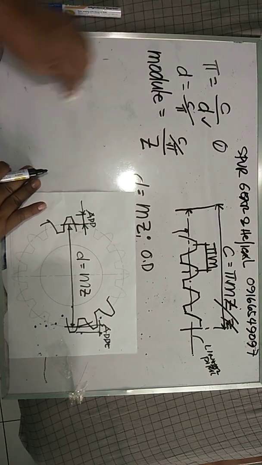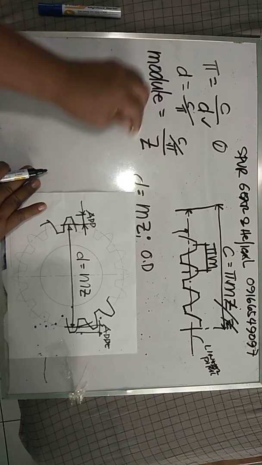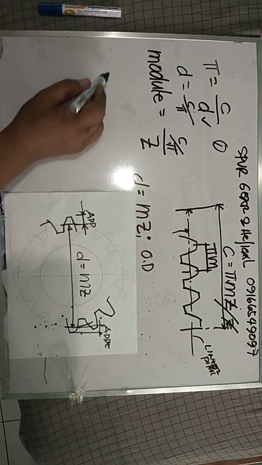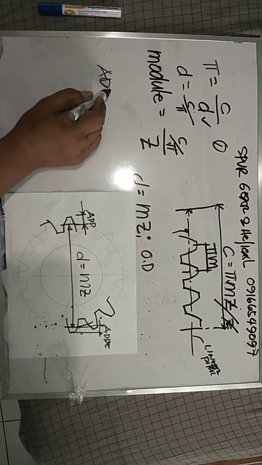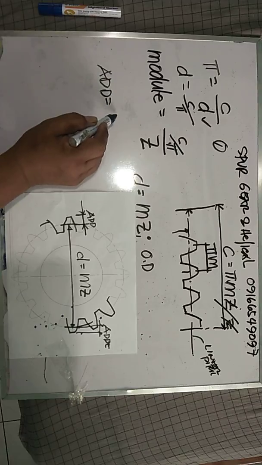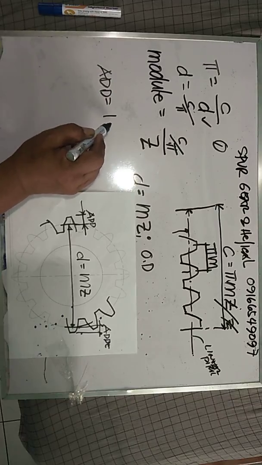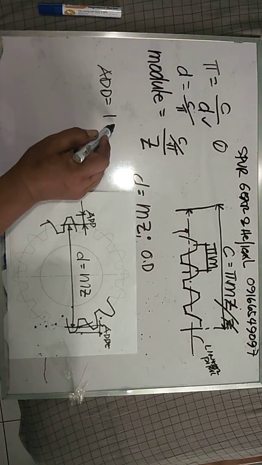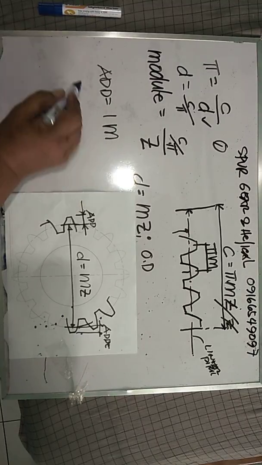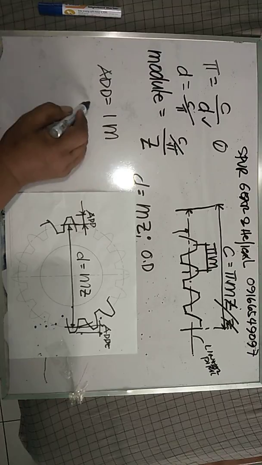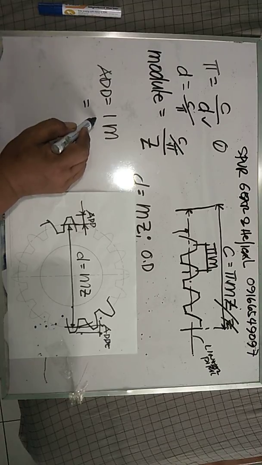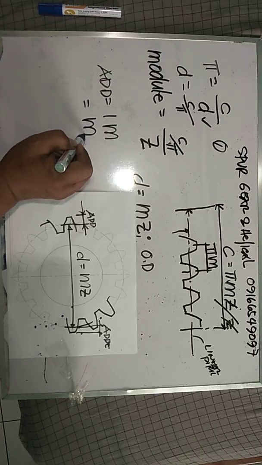One of the empirical formulas is that addendum is equal to 1 times the coefficient of module, or simply addendum is equal to module.